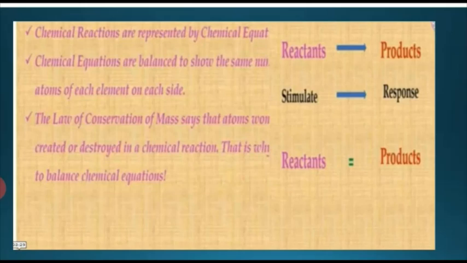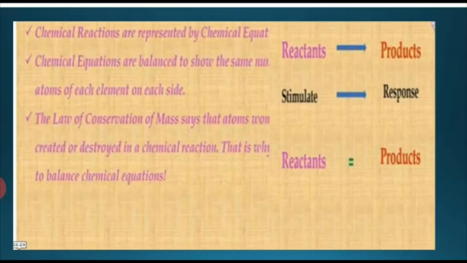Chemical equations are balanced to show the same number of atoms of each element on either side. Next, the law of conservation of mass says that atoms can neither be created nor destroyed in a chemical reaction.